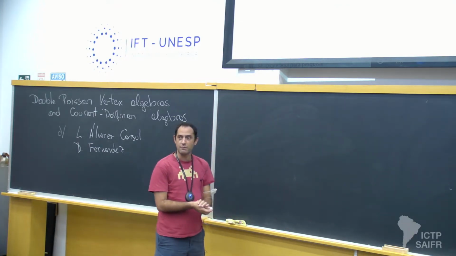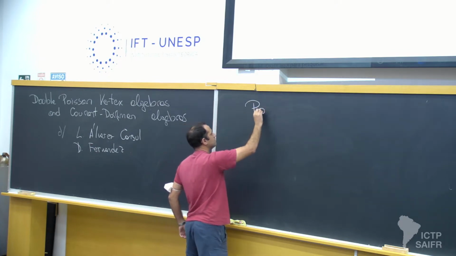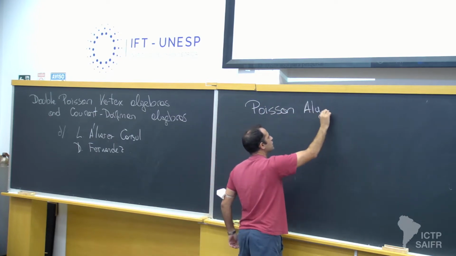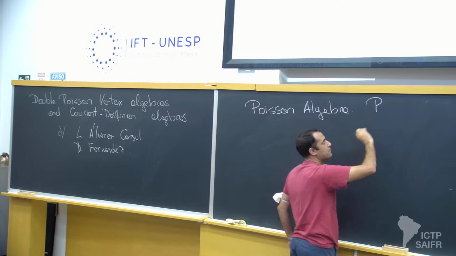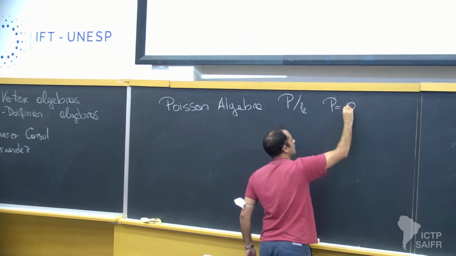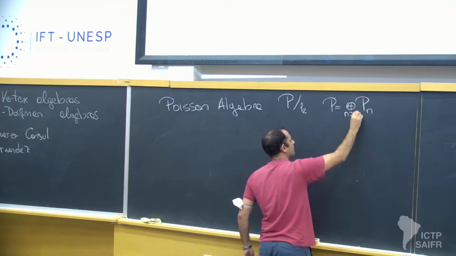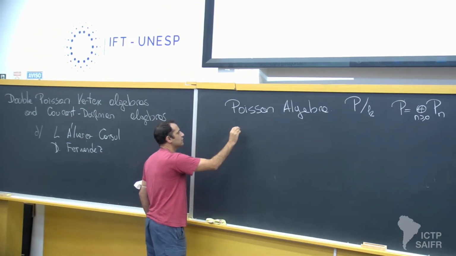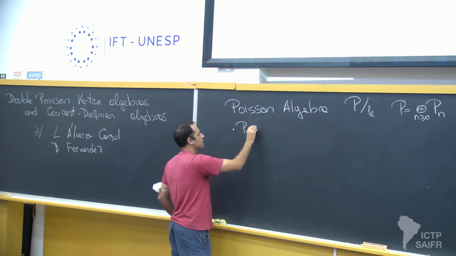So let's start with a very basic observation. Let's say that you have a Poisson algebra. But let's put some conditions on this Poisson algebra. So this is, say, an algebra P over a field K. And let's suppose that it's graded by the positive integer numbers, and that the multiplication is actually graded of degree 0.